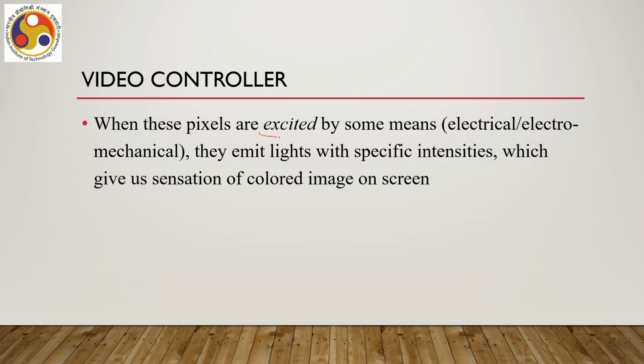When these pixels are excited, and this is a generic term, excited means activated by some means, it can be electrical or electromechanical, etc., those pixels start emitting light with specific intensities, which give us the sensation of a colored image on the screen. So, on the display screen we have a pixel grid, those pixels are activated to emit light, which when it reaches our eye, we perceive a colored image on the screen.